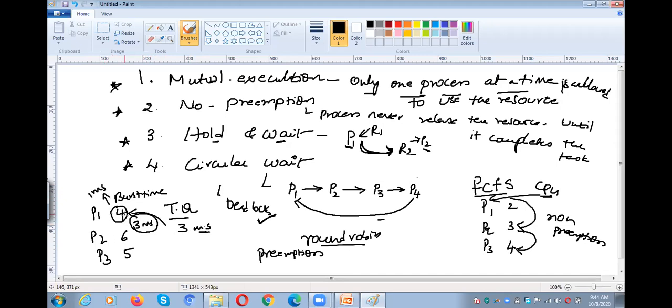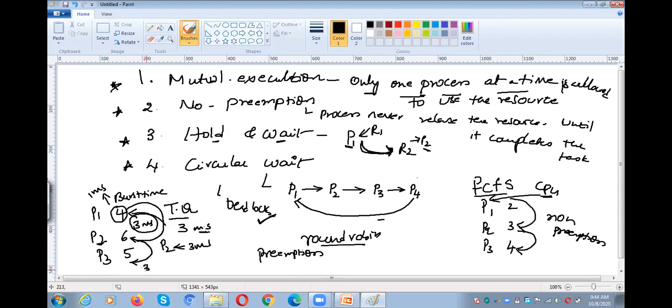But we forcefully take the CPU from P1 and allocate it to P2. For P2 also, we give only 3 milliseconds, but P2 requires 6 milliseconds to complete its task. But we forcefully take the CPU from P2 and allocate it to P3.